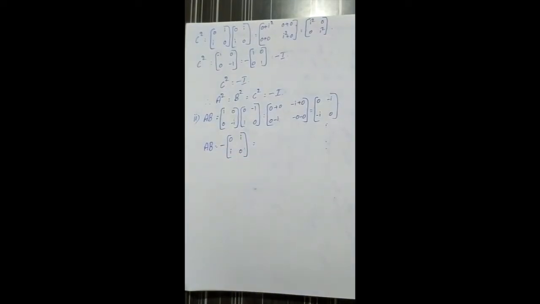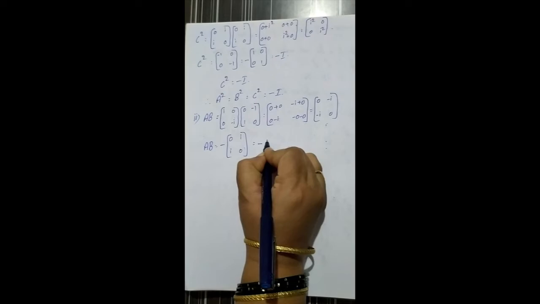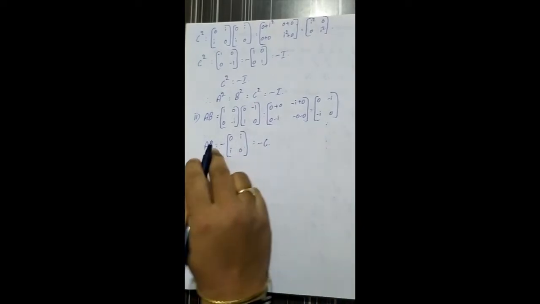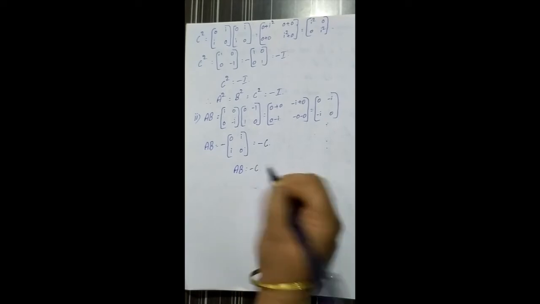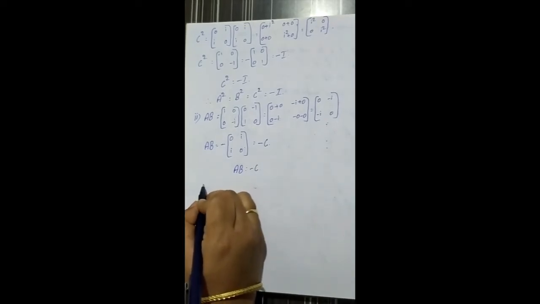In the given problem, the C value is [0, i; i, 0]. Then this is equal to minus C. AB equals minus C is proved. Next we have to find BA.